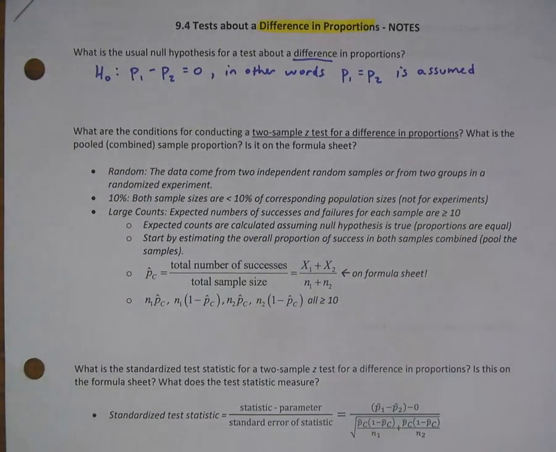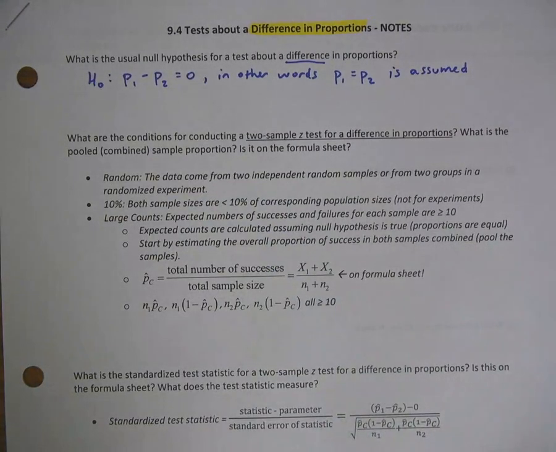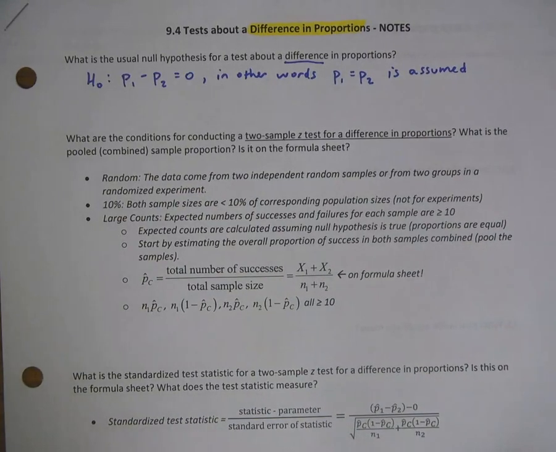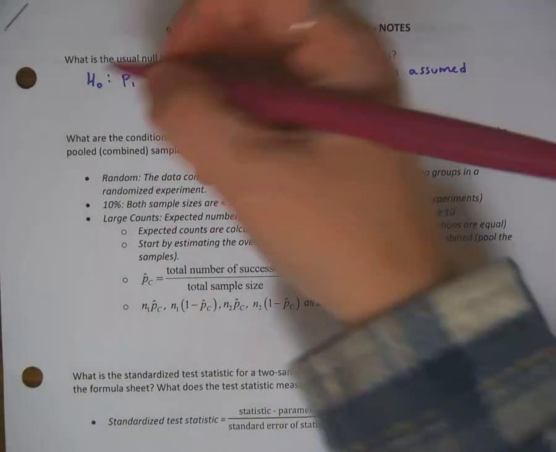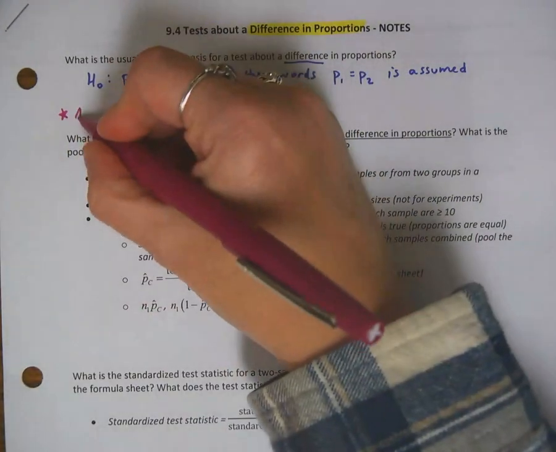We're going to be trying to find evidence for or against the alternative, which is going to be maybe one of the population proportions is larger than the other one, less than the other one, or maybe they're just different. Be sure, I noticed on your test last time on the free response question that had two different populations in it, some of you are struggling with defining both parameters. So I'm just going to make a little note here, always define parameters.